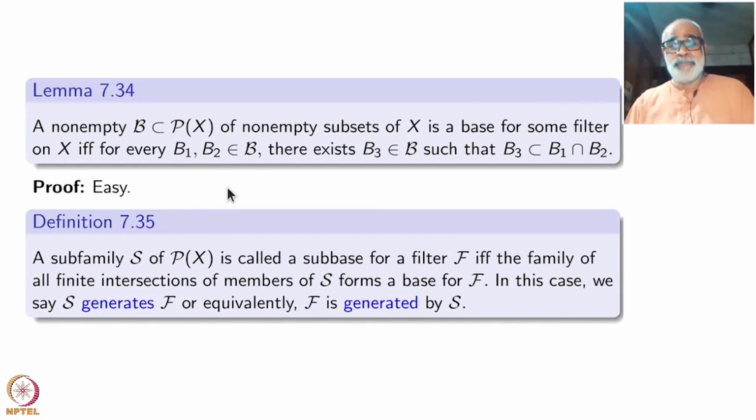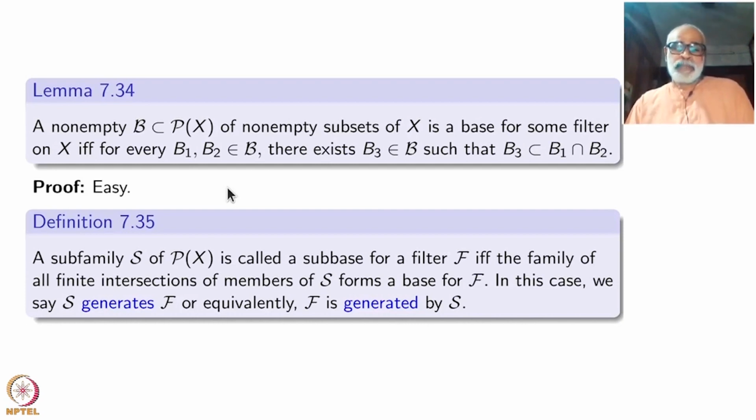So if S is empty, then we will get our smallest filter. The smallest filter has two bases, sub-bases. The empty set is a sub-base. Singleton X is also a sub-base, but it is a base. Singleton X is the whole space also.